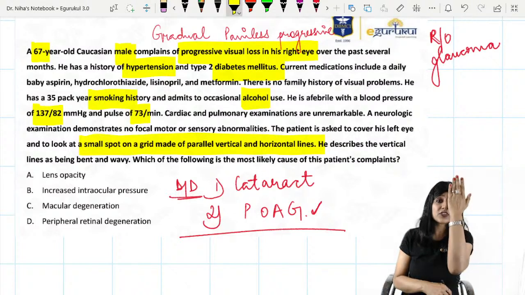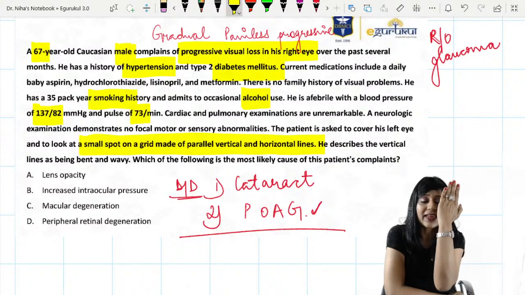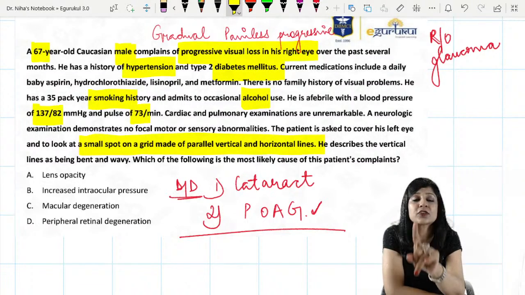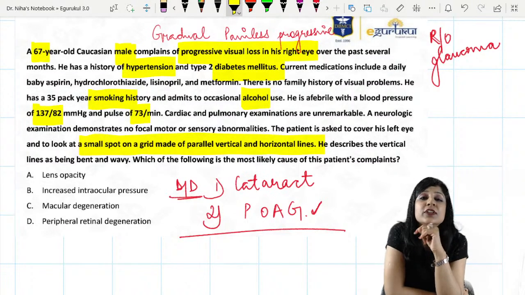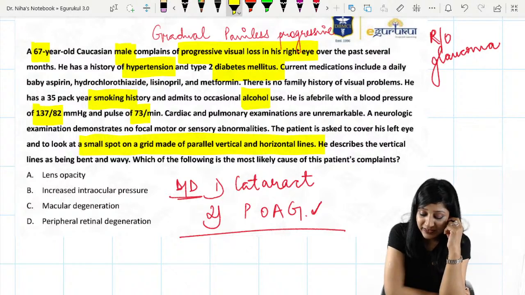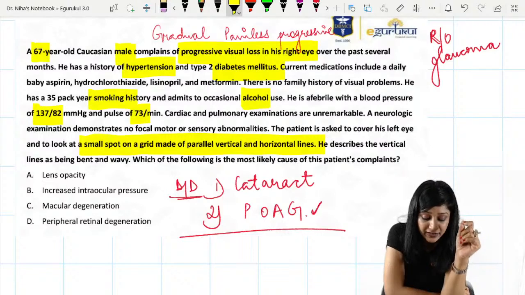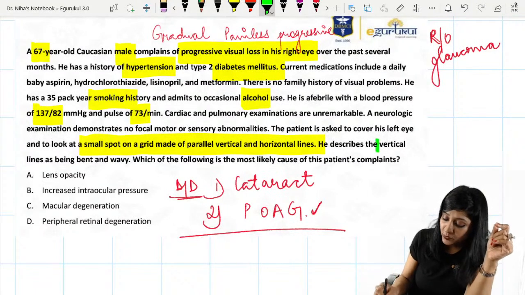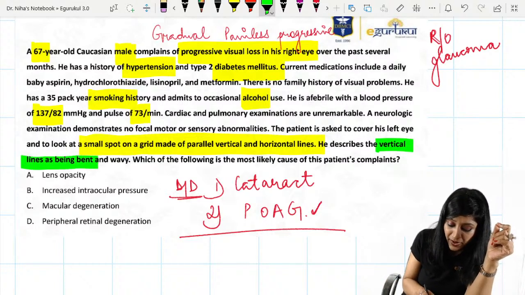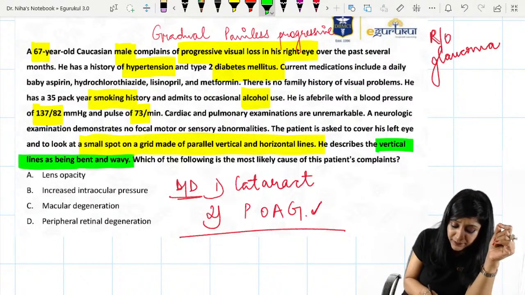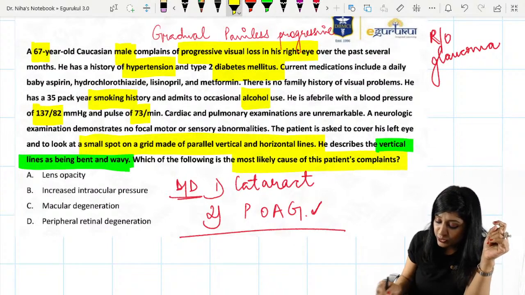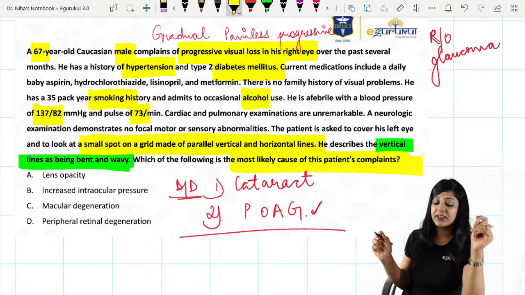So the patient is asked to close one eye, and with the other eye he is looking at a grid. This grid consists of vertical lines as well as horizontal lines. What is this grid? Can you tell me the name of this grid? He describes that the vertical lines are bent and wavy. Which of the following is the most likely cause of this patient's condition?